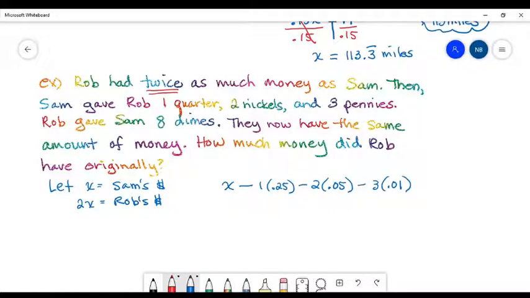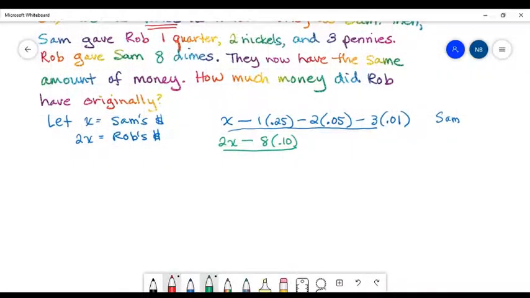So this is what Sam did. Rob started with 2x, and he gave away 8 dimes. Dimes are worth 10 cents. They now have the same amount of money. So this blue expression and this green expression are the same.